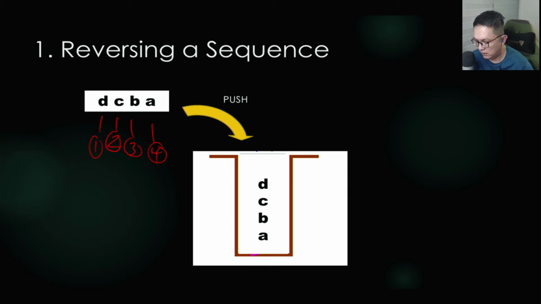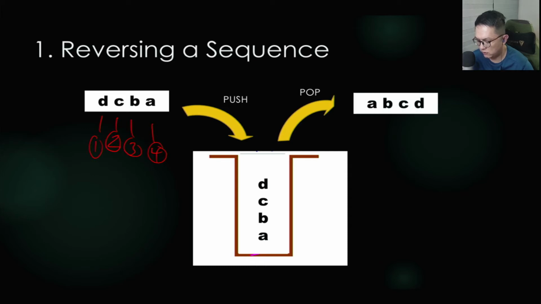So you push that in, and then when you pop it out, you can just take from the back. So you pop it out, you can do it this way. But another way of doing this is, if you do it the other way, like what I previously thought I was doing, you push in D first, then you push in C, then B, then A. Then when you take it out, you take out the first item, you take out A, then B, then C, then D. So that will work as well.